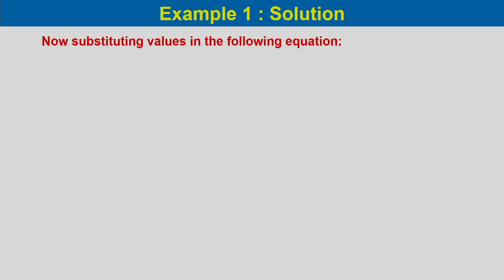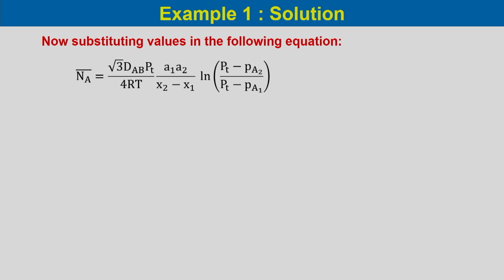Now, substituting the values in the following equation, NA bar would be equal to root 3 DAB PT divided by 4 RT into A1 into A2 divided by (x2 minus x1) into ln (PT minus PA2) divided by (PT minus PA1). So, this NA cap is equal to NA bar here.